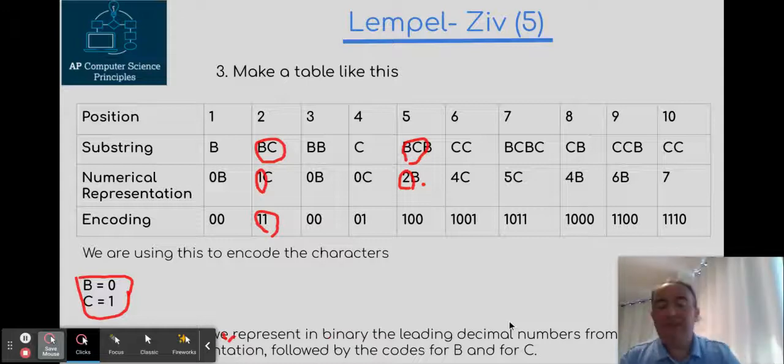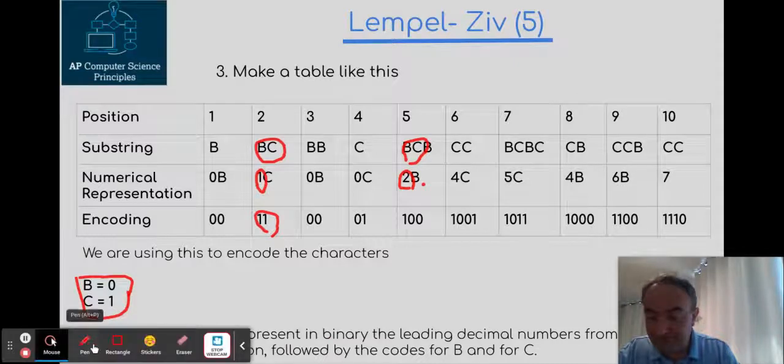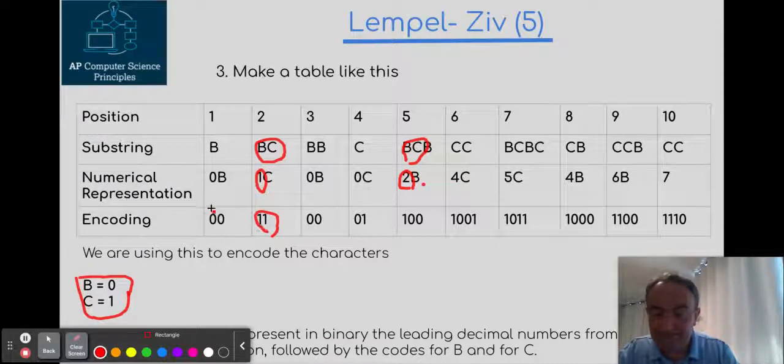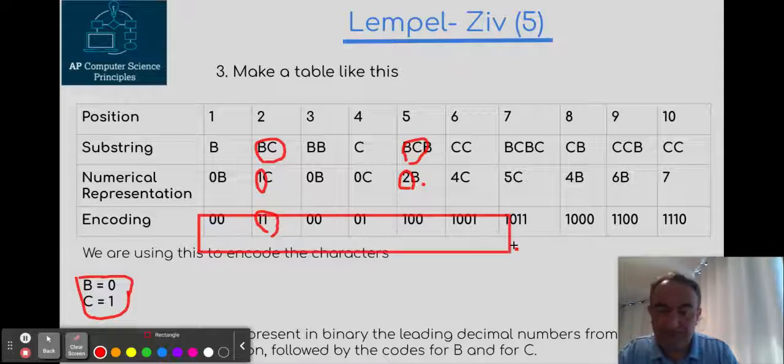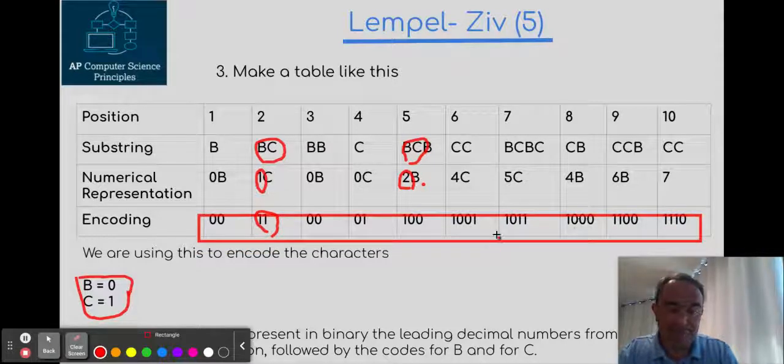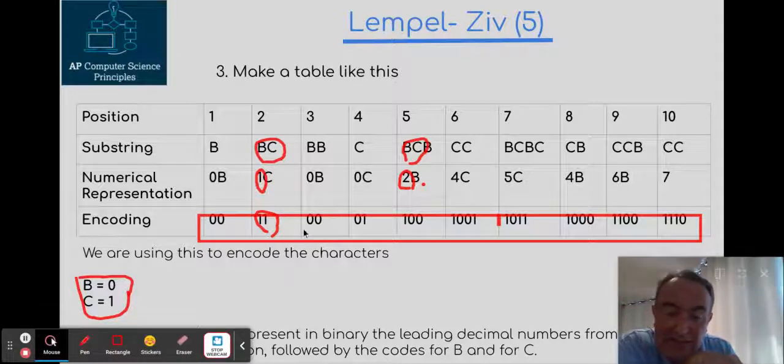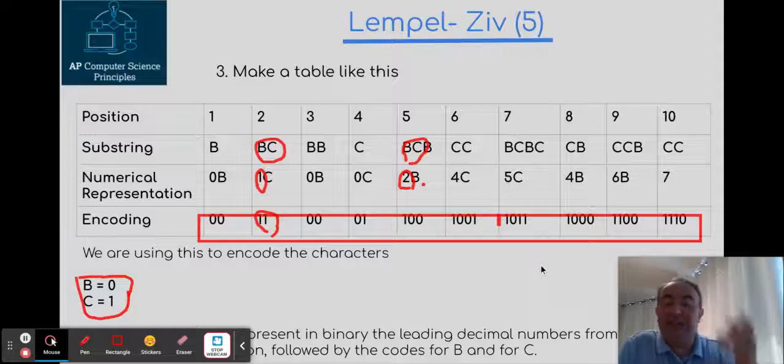So as you can see, during the encoding phase, I was able to transform this whole string and make it look like this. Okay? And you can already tell I have many fewer bits here in this compressed version of the string than in the initial string, okay?